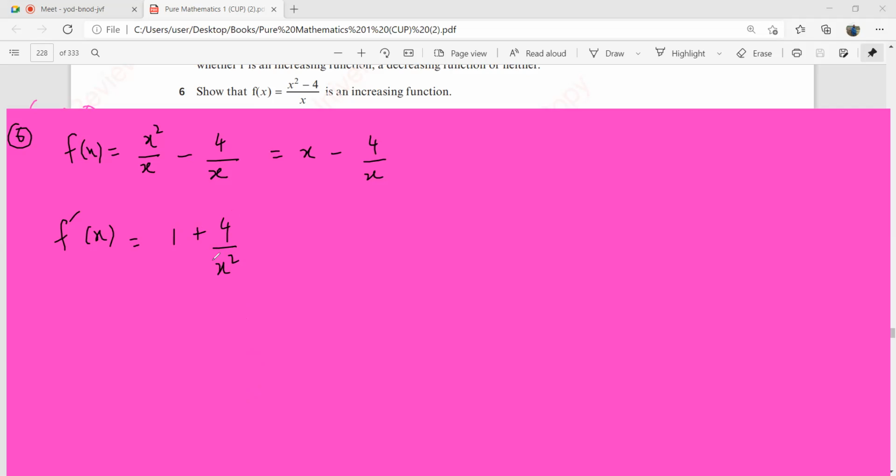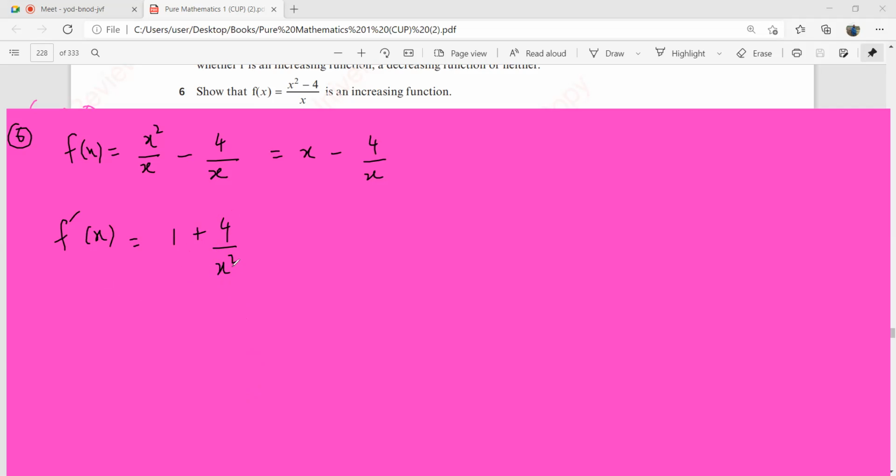So now you have to show that this is really an increasing function. Can there be any value of x for which this f dash of x results in a negative value?